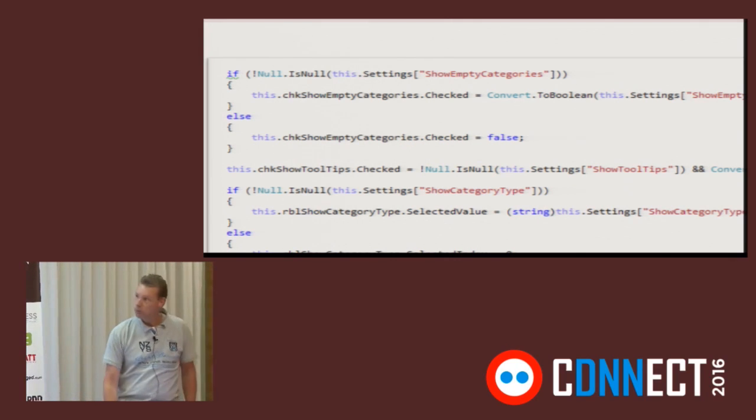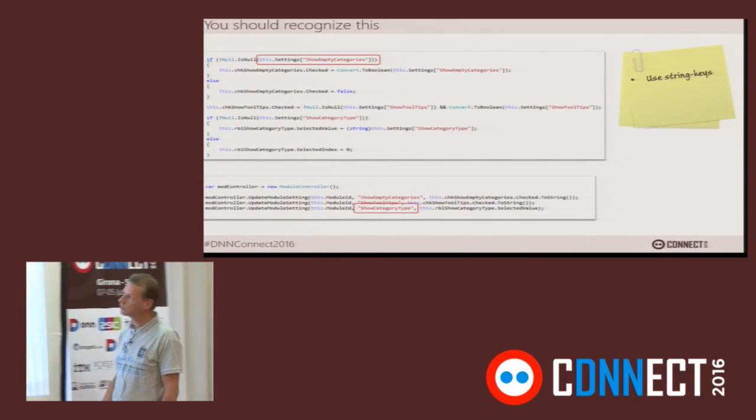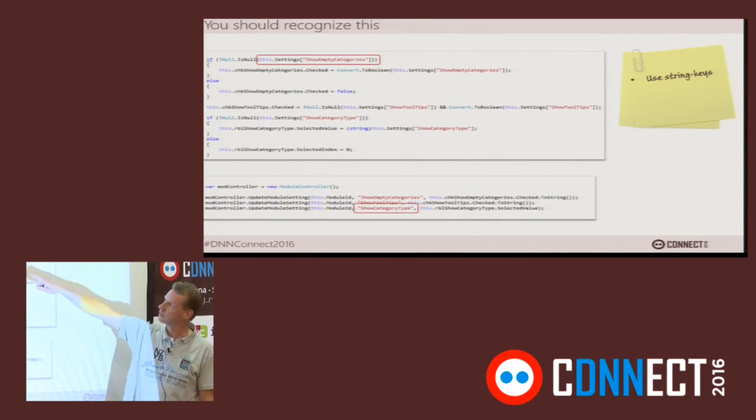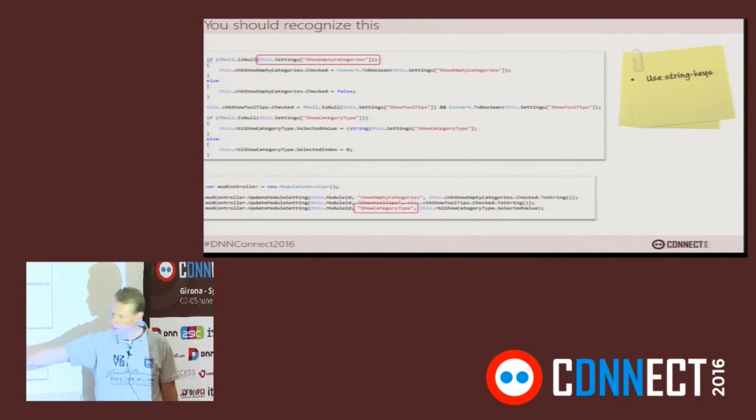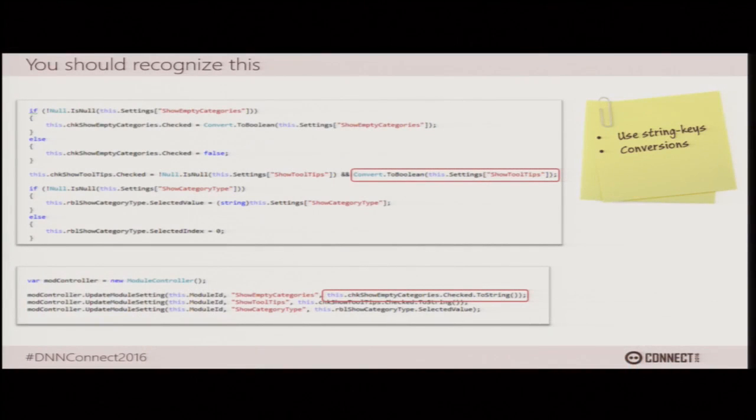Now, as you may know, these are all settings, and settings use strings, as you can see here and here. Strings to identify which setting you mean to address. They always use something like conversion. For those who cannot read in the back, it says something like convert to Boolean and to string. And you have to do that all over again each time you address a setting.